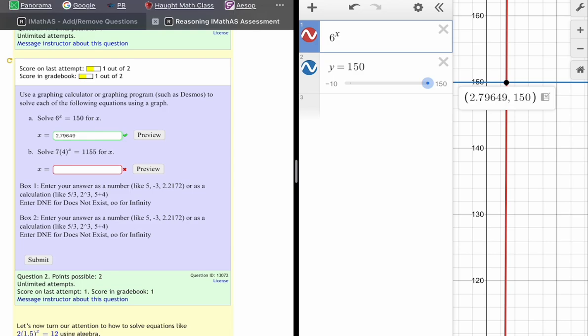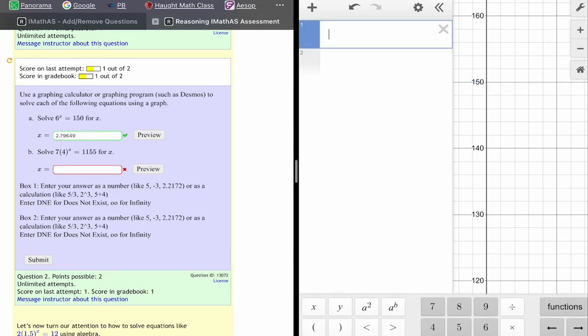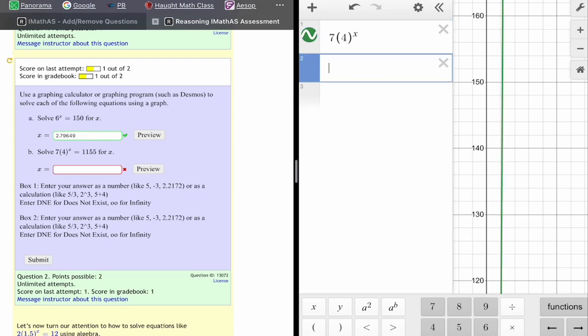Now I'm going to put in the next equation. Be careful the way you put this one in, because I'm going to put the 7, and then in parentheses 4 to a power of x. Again, this time I want it to reach a height of 1155. So I'm going to type, when will y equal 1155?